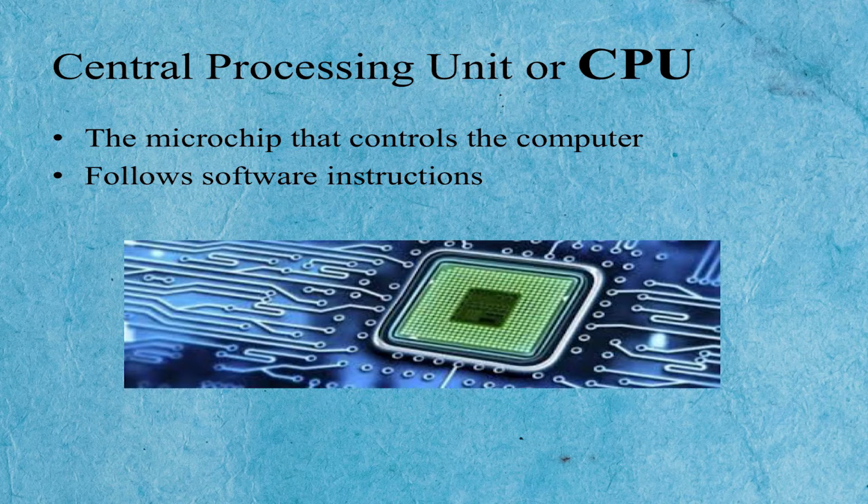It follows the instructions of the software that's running. It responds to interrupts that come in. If there's a new condition from input and output that demands its attention, then it's the control unit that switches control to that. But that's the microchip.